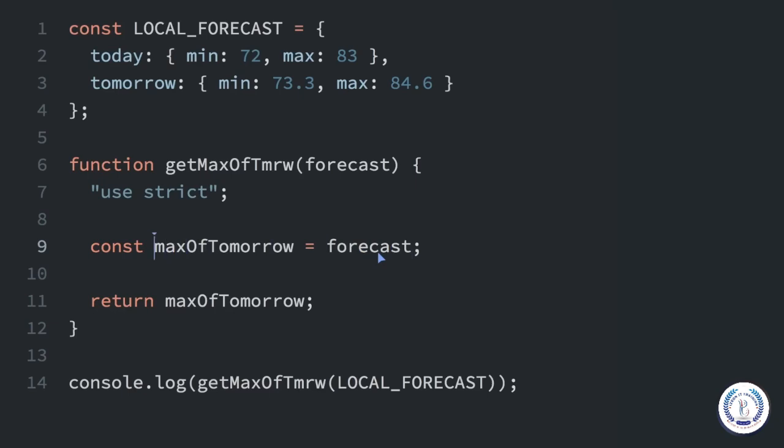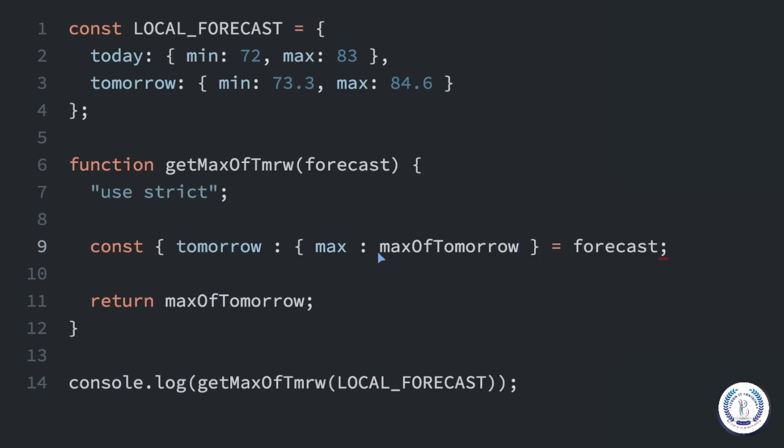So here, when you're destructuring, you're always going to use the curly braces. And we are first going to get tomorrow. And on the other side of the colon, we're going to have some more curly braces because it's nested. So we need to go inside of the tomorrow object, and we need the max. So we'll do max, and then we have the colon and max of tomorrow.